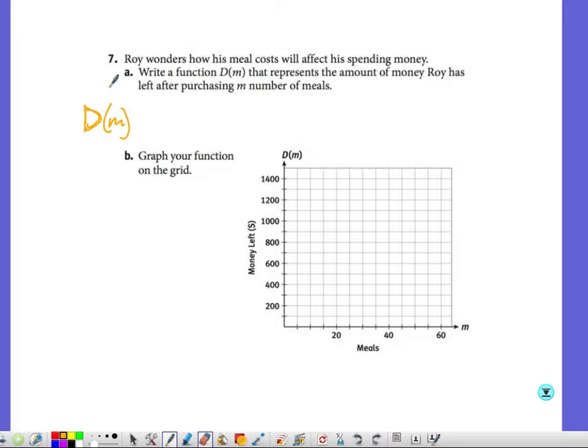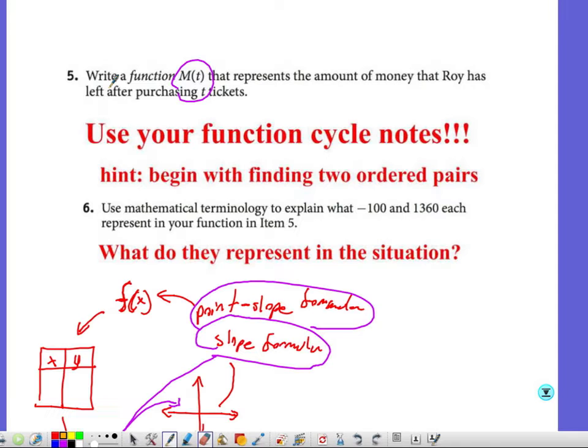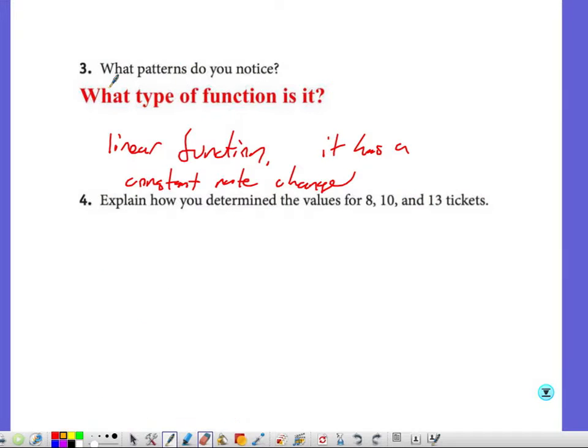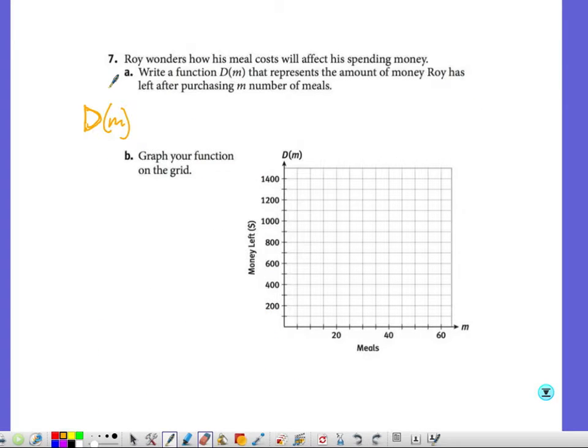Okay, now notice we don't have a table to set up our equation, but what we can do is look at how we set up the previous equation for tickets. So the equation for tickets, which was m of t, is equal to negative 100t plus 1360.